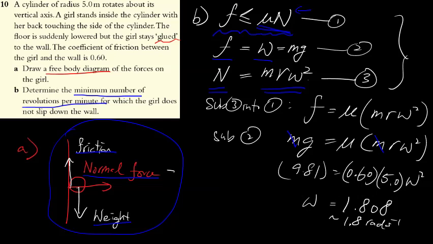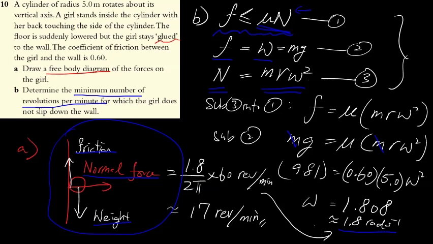Then you substitute everything you found, and you find omega, which is 1.8 radians per second. From that, since this is radians per second, you change to find how many revolutions, that means complete circles, in a minute. To change radians to revolutions you use 2 pi, and then you multiply by 60 because it's in minutes, and therefore it's 17 revolutions per minute.